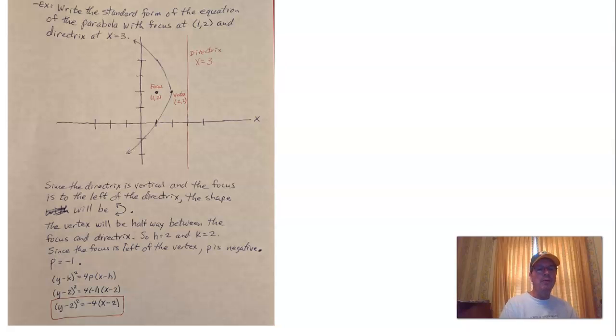And I end up with the final standard form equation of the parabola that satisfies the requirements of the focus being (1, 2) and the directrix being x = 3. It ends up being (y minus 2) squared equals negative 4 times (x minus 2).